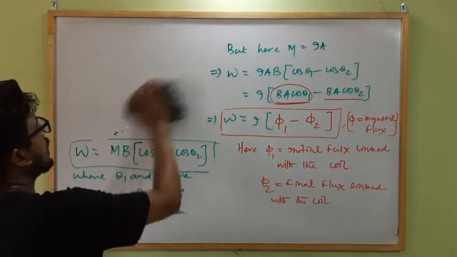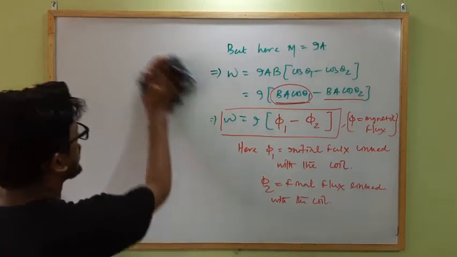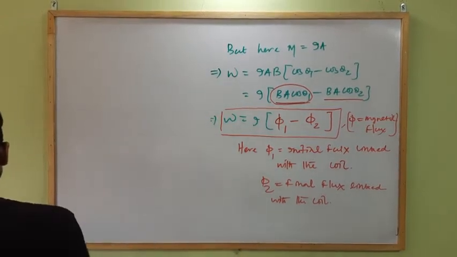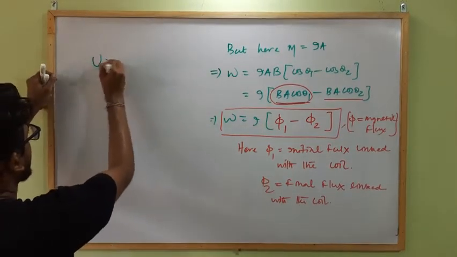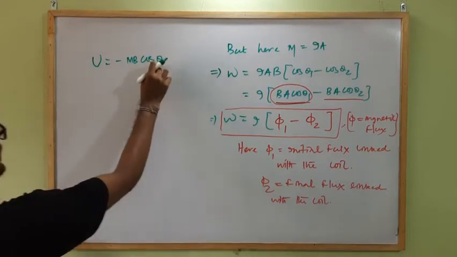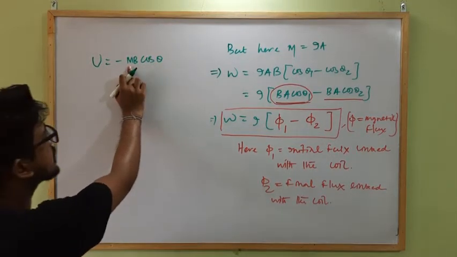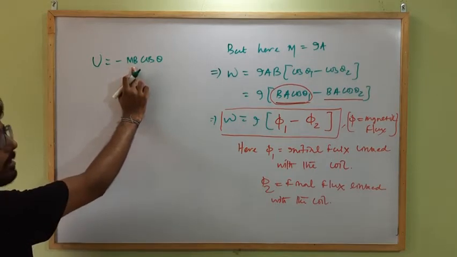And from this we can calculate the potential energy of a current carrying loop as in case of a bar magnet. What is the expression for potential energy? U equal to minus MB cos theta. What is theta? Theta is the angle between magnetic field strength and magnetic dipole moment of a bar magnet. Clear?